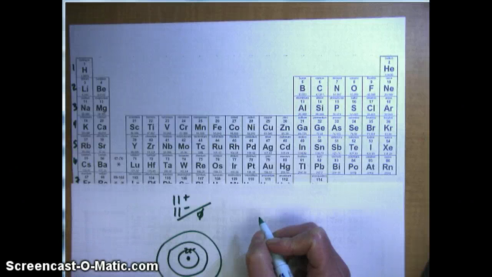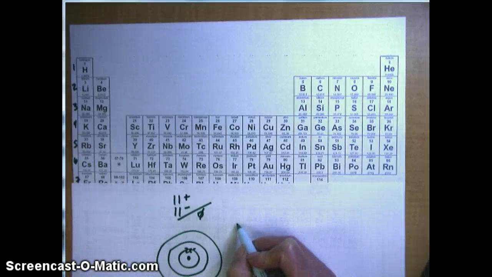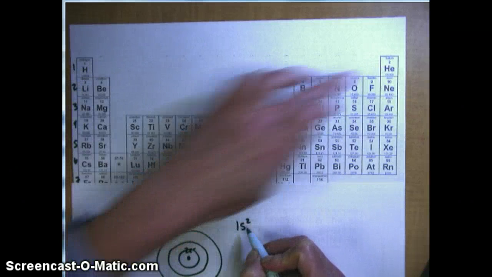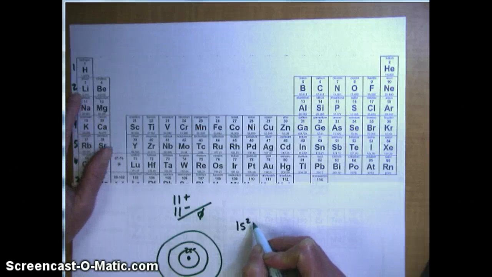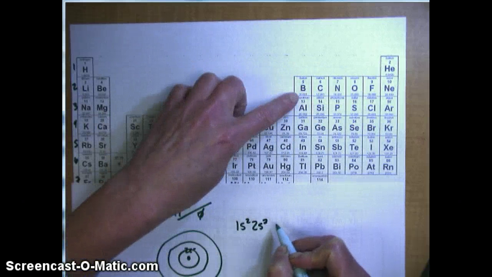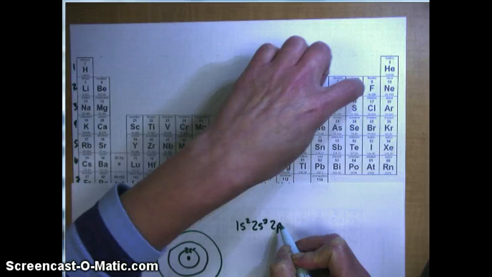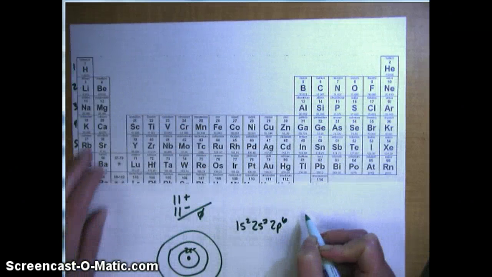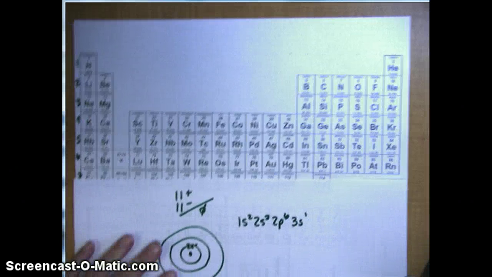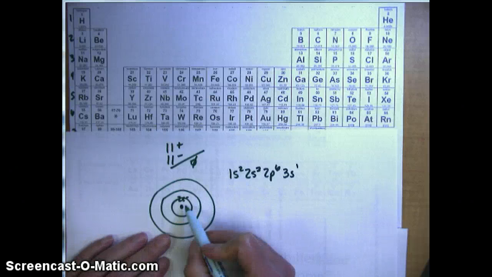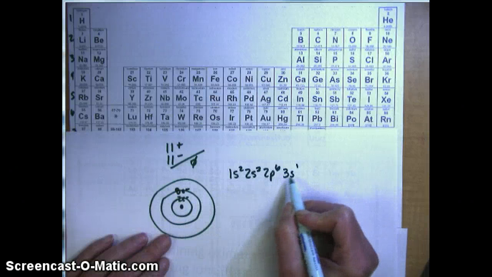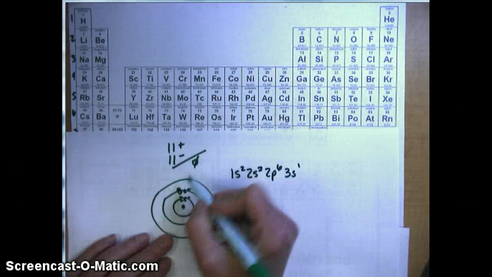So it might be easier to go back and do the electron configuration for sodium. 1s2, 2s2. Remember, this is the p block. 2p6, each element representing an electron. And now we're on 3s1. So 2 electrons on n equals 1. N equals 2 is going to have 8 electrons. And n equals 3 is going to have 1 electron.